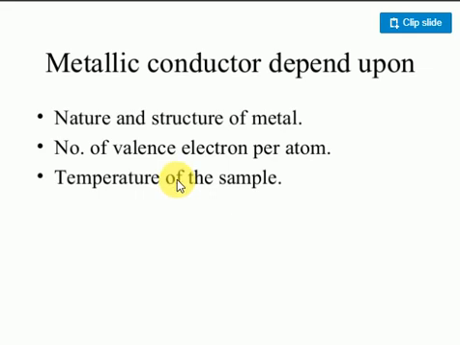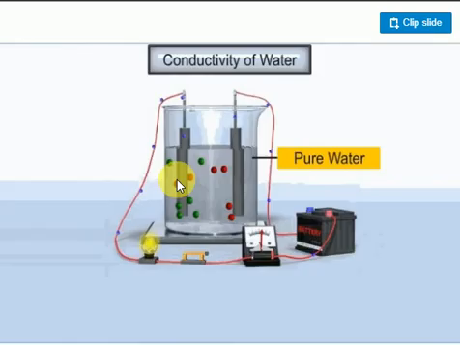Clear? Next, we are discussing conductance. This is very important. Students, observe clearly, the entire discussion depends upon this cell. If you want to measure the conductance of this volume of solution, the length between two electrodes is fixed, and the size of the electrodes is fixed. The area of cross section, meaning the area of the electrode, is also fixed.